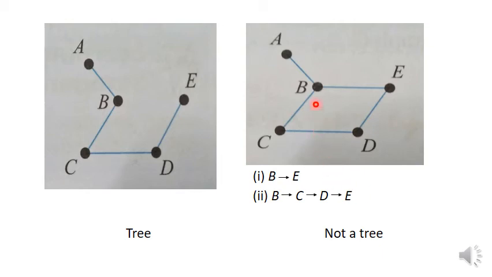You can use this way: B and then move to C first, C move to D first, D move to E, and then you can join E and B. Or one more way is you connect with C first, then connect with D, then connect with E, and then E connects with B. So, there are two ways to join B and E. So, if there are two ways to join the two vertices, this graph is not a tree.